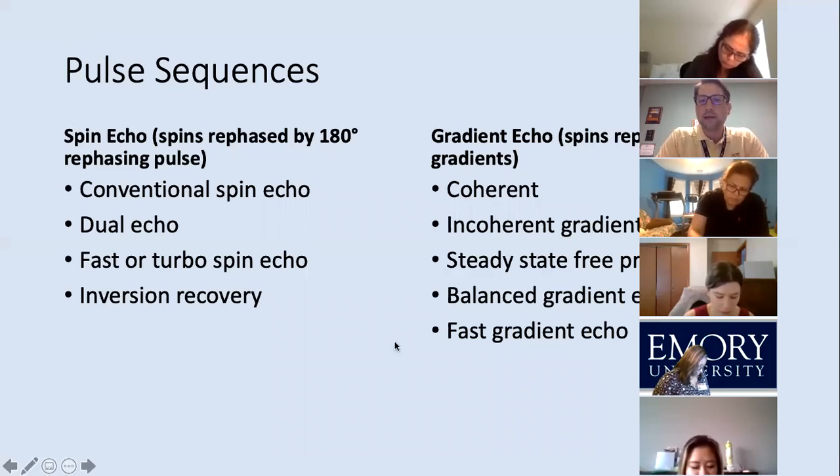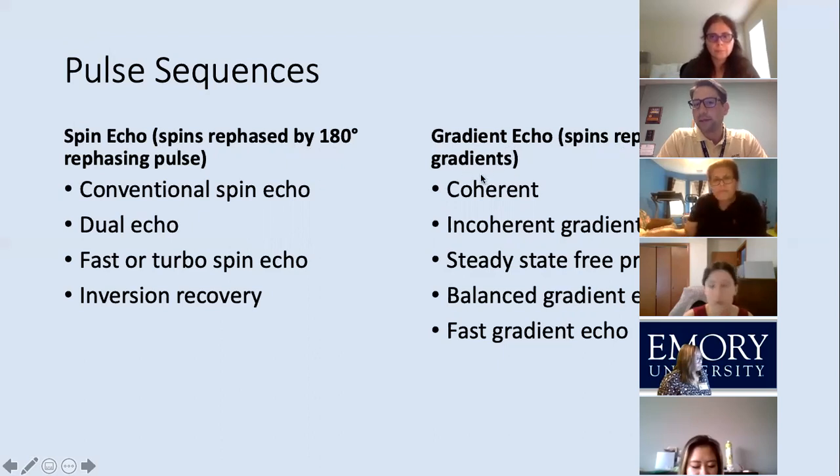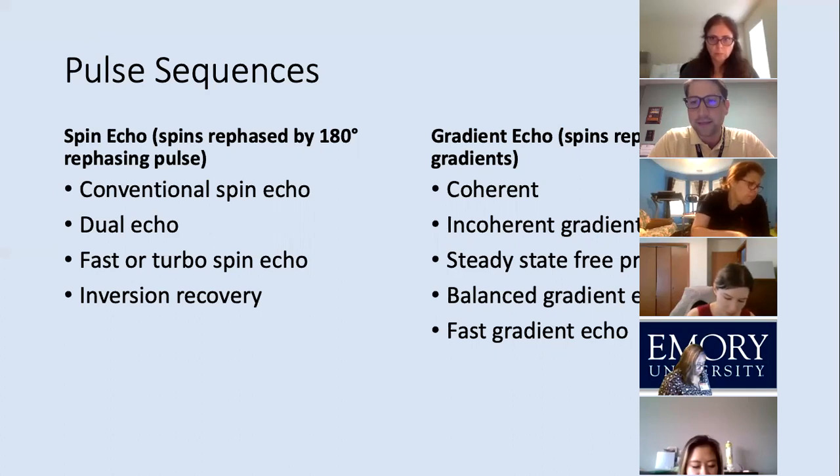So today we'll get into gradient echo pulse sequences. And we no longer have this 180-degree refocusing pulse. The spins are going to be rephased by the gradients. And unfortunately, they're not as efficient at doing that. So we tend to get more artifacts and less image quality.